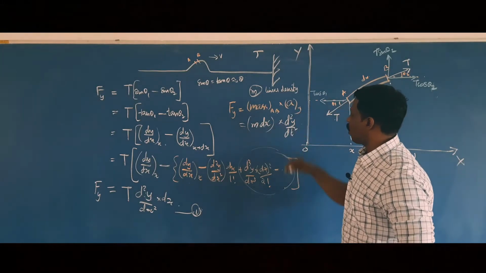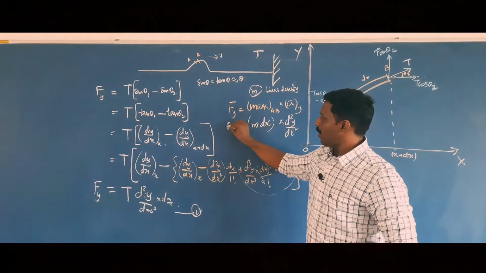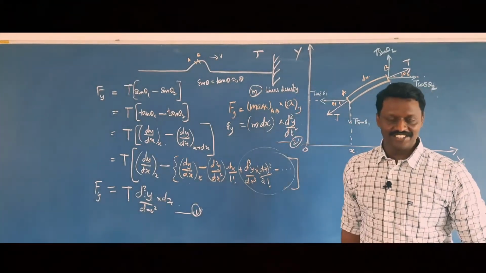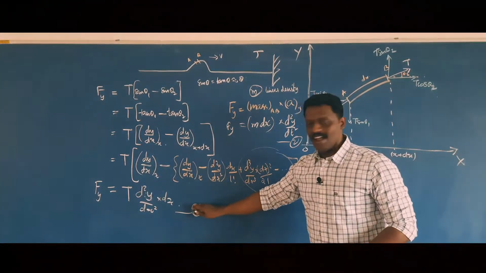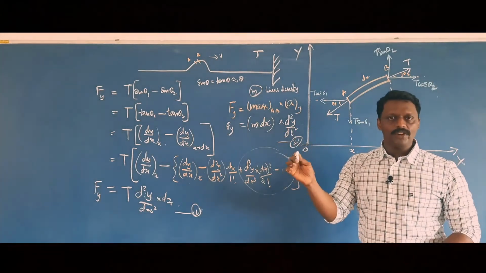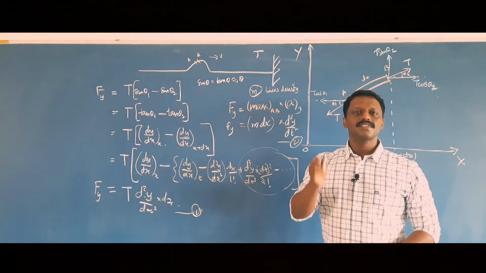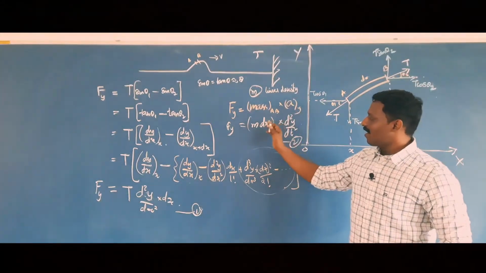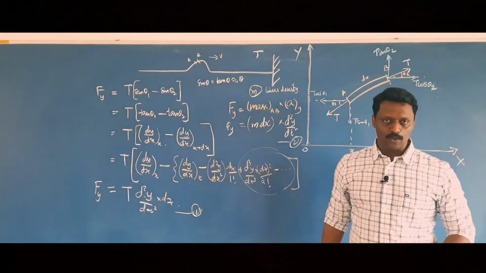M dx d square y by dt square also represents the force on the segment AB in the vertical direction. Now equation 1 and equation 2 both represent the same force, that is the force on the segment AB in the vertical direction. Hence the right hand side can be equated.